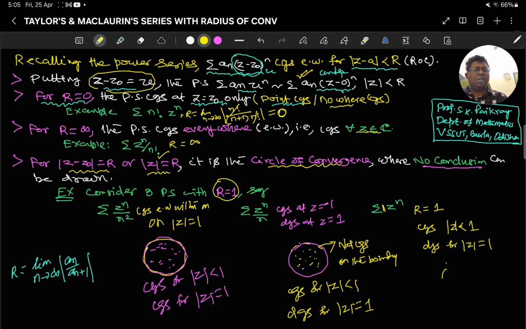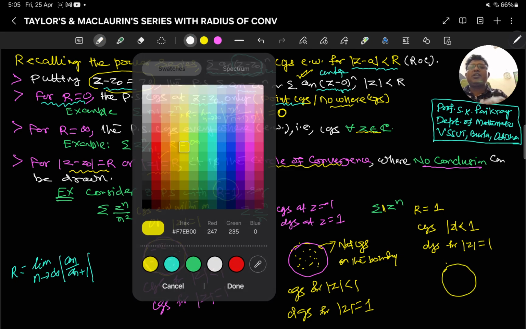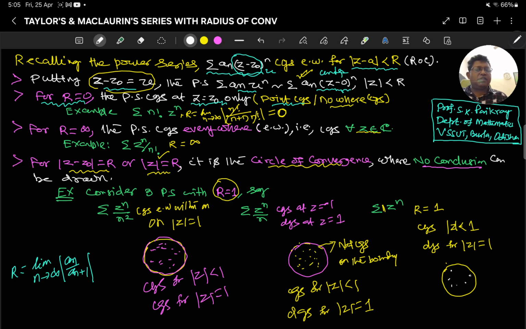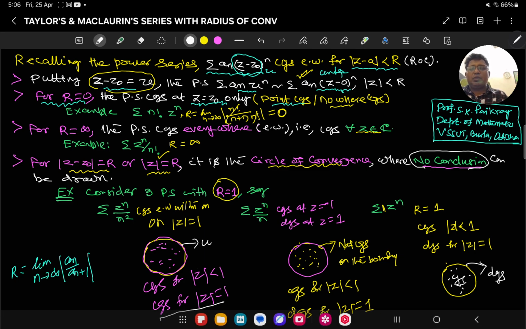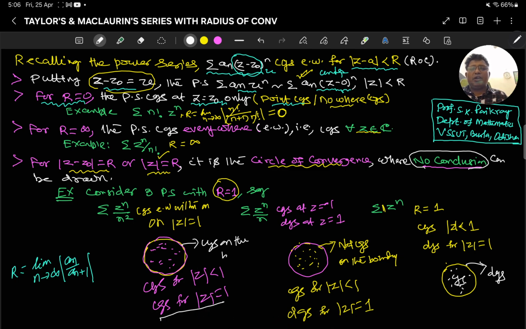Everywhere inside it converges, but on the boundary it diverges. So that's why no conclusion can be drawn on the boundary. In the first case it converges on the boundary, in another it converges at some points, and here it does not converge on the boundary. That's why no conclusion can be made. So now to be specific, we will discuss the Taylor series.